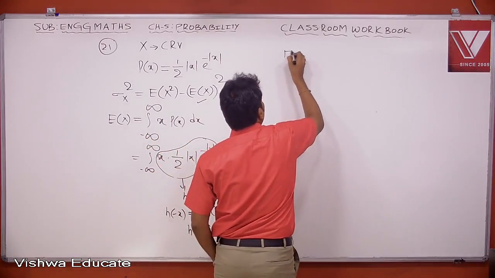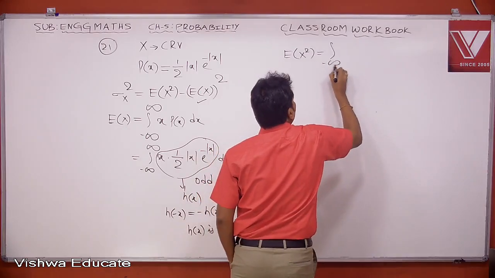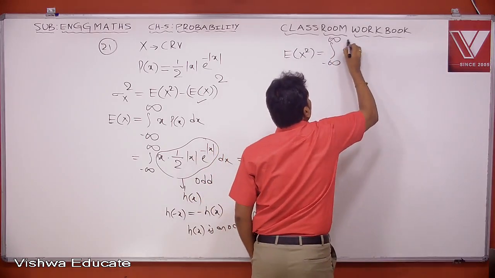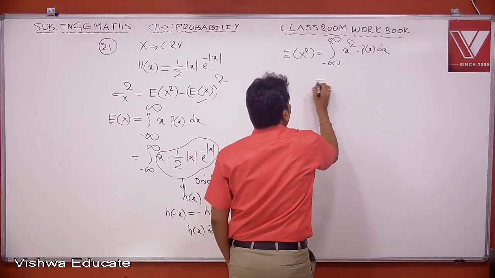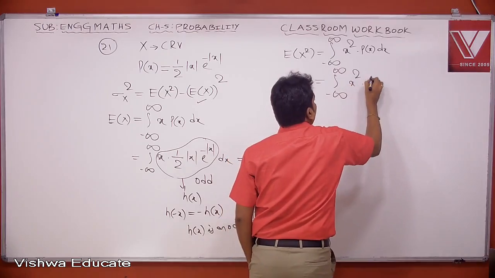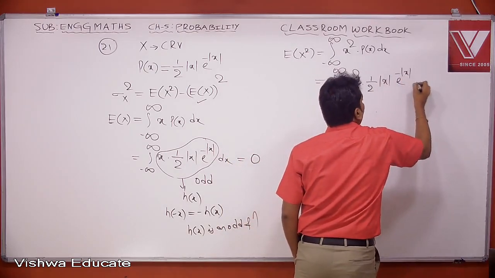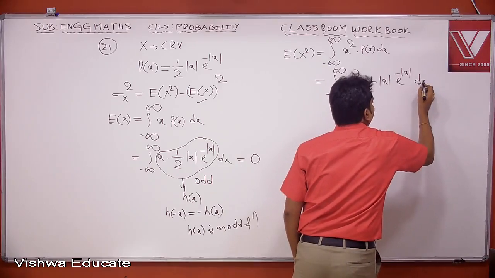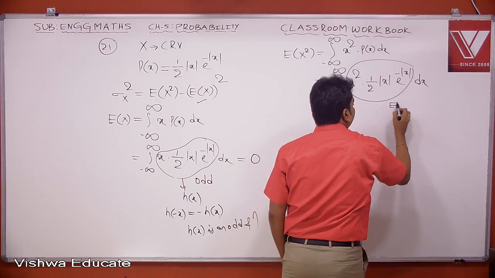Now let us find E of x square. So this is the integral from minus infinity to plus infinity of x square into p of x dx. So this is the integral from minus infinity to plus infinity of x square into half mod x into e power minus mod x dx. Now this overall function is an even function.